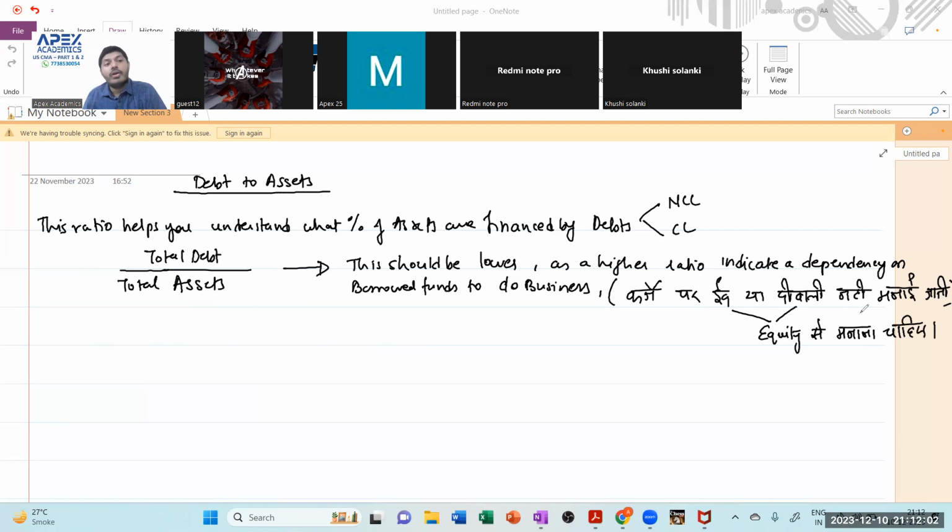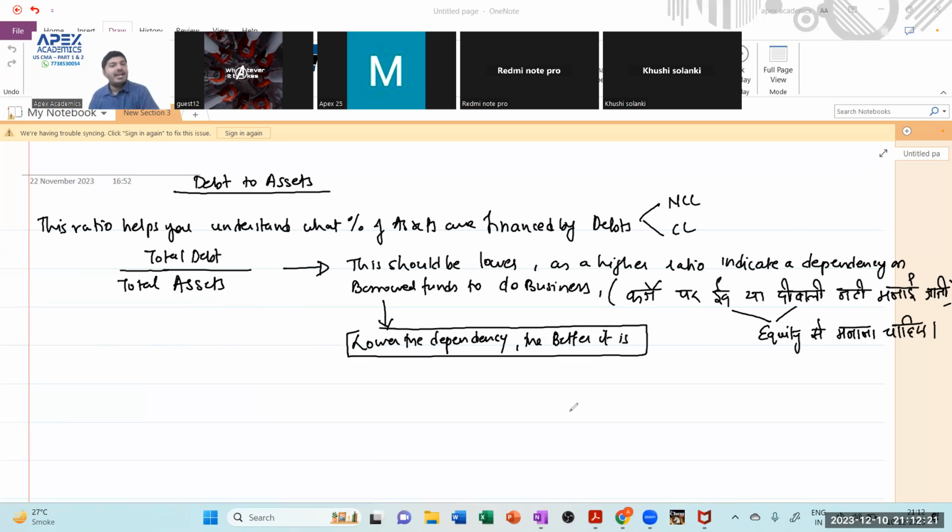So, although borrowings are essential, you need to understand that the lower the dependency, the better it is. Why? Because at the end of the day, you have to repay this money to outsiders. Kab tak you will take money from outsiders? You have to have your own sources of funds.